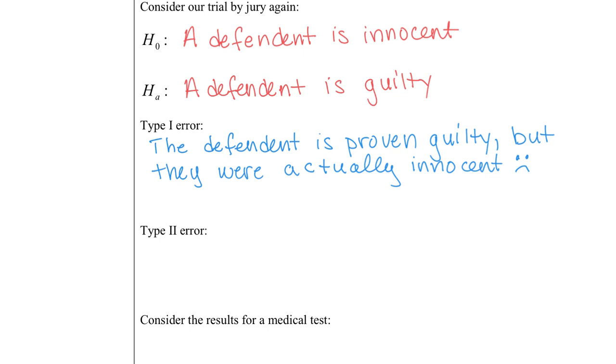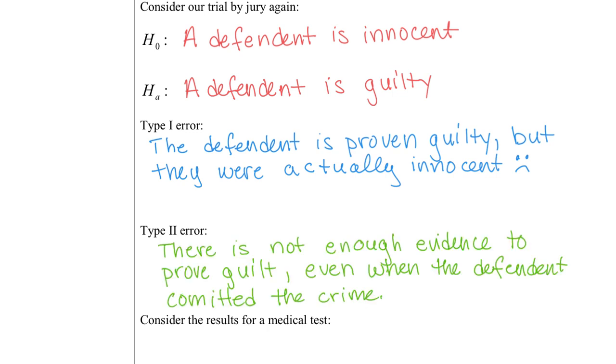So what would be the opposite of this, the type 2 error? So type 2 would be there's not enough evidence to prove guilt, even when the defendant actually did commit the crime or whatever happened here. So then, of course, we get into a lot of ethical dilemmas.